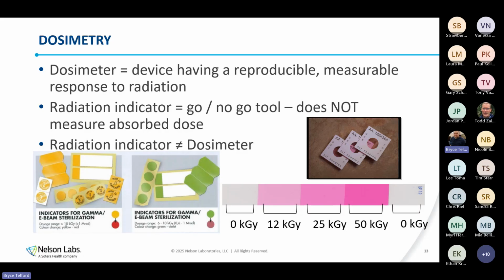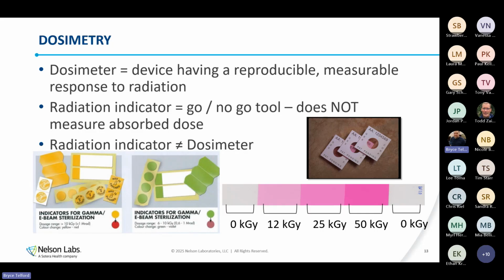For steam sterilization, I have temperature and I have time. So I have 2 variables. For radiation, I have 1 variable, dose. How that dose is delivered might vary, and the time to deliver that dose might vary, but ultimately all I'm concerned with is what that dose to product is. And that's therefore where dosimetry comes in.